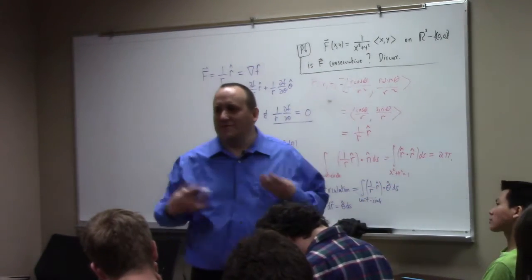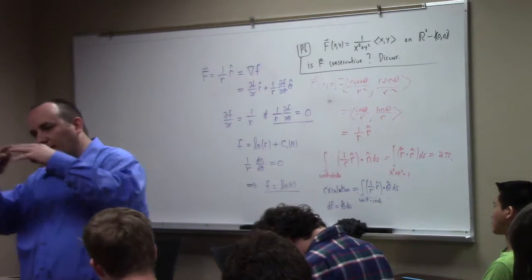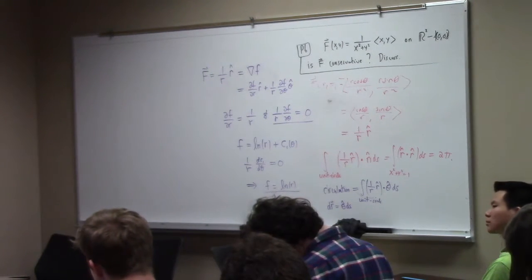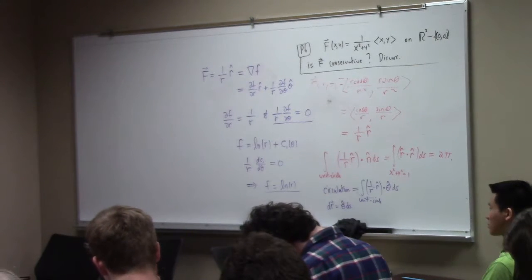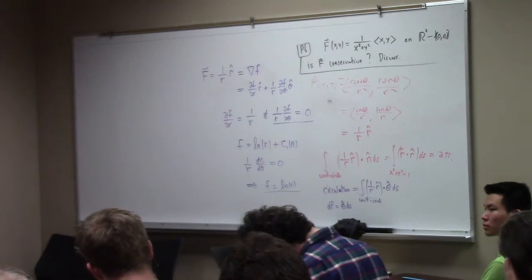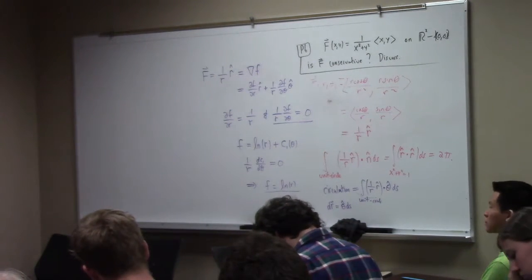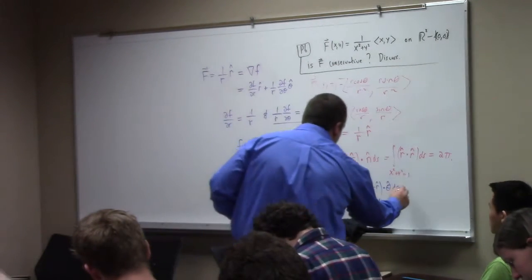You can see this is the radially outward vector field. The tangents to the unit circle meet it perpendicularly, right? So the work done as you go around the circle is 0. So this is equal to 0.